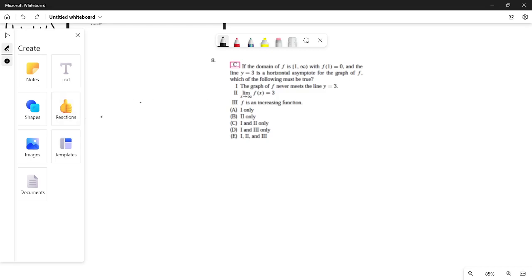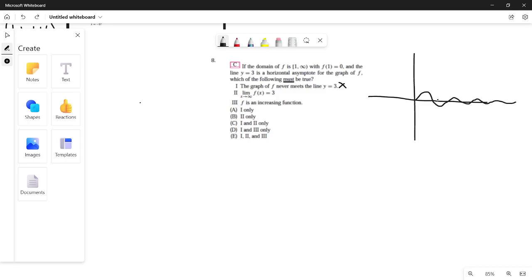Personally, for one, we have to be a little careful here because a horizontal asymptote, by definition, as x goes to infinity, would approach the value of the horizontal asymptote. So that means the line can actually cross the horizontal asymptote. So this is false. The simplest example I have of this is sine of x over x, where the amplitude gets smaller as it approaches its horizontal asymptote, which is y equals 0.